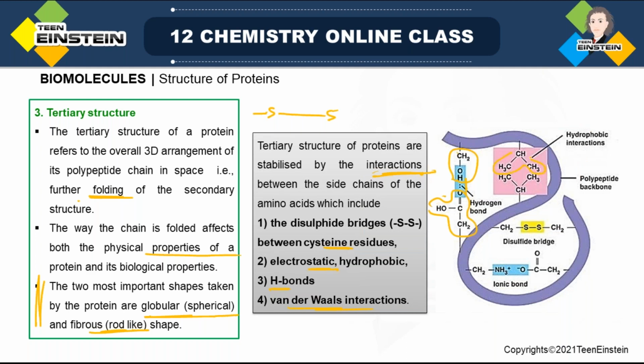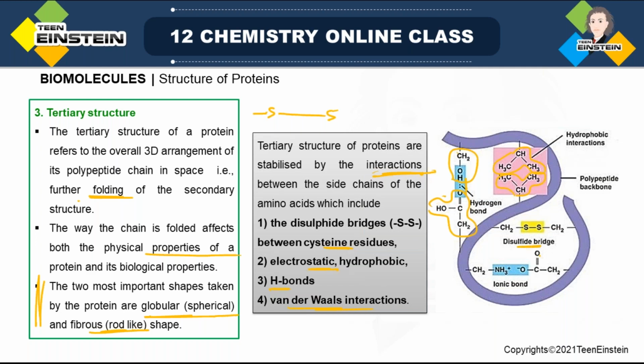Here we have this side chain which is CHMe2. Another side chain is also the same. So these two are hydrocarbon parts, so they are hydrophobic. That means they will not be attracted towards water, that means non-polar. So towards polarity they will not be attracted. So there will be a hydrophobic interaction like this.